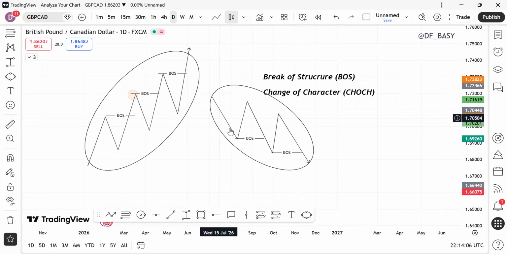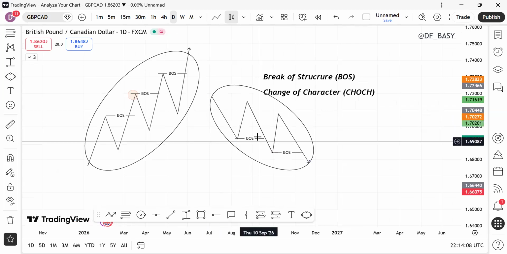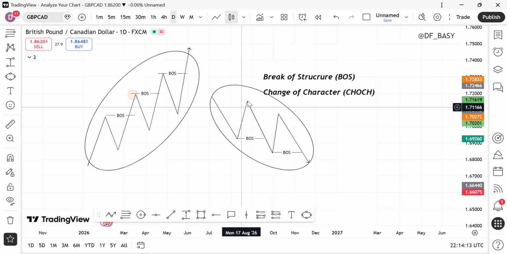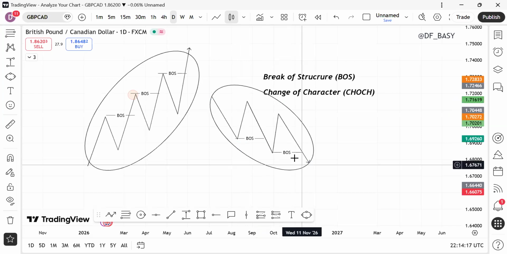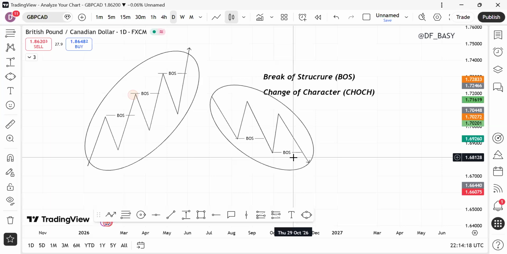So once market is breaking structure to the downside, it's actually creating lower lows, lower highs, lower lows, lower highs, lower lows. Right. So now it's breaking structure to the downside. So it's a bearish structure. You cannot say a down structure, it's a bearish structure.